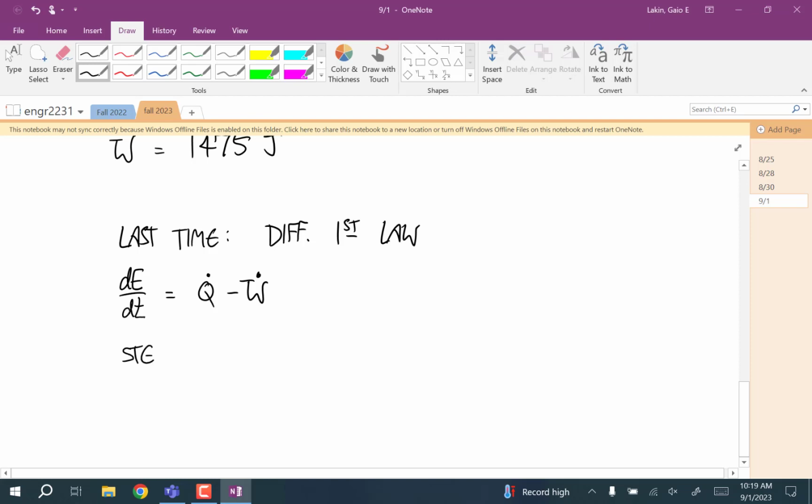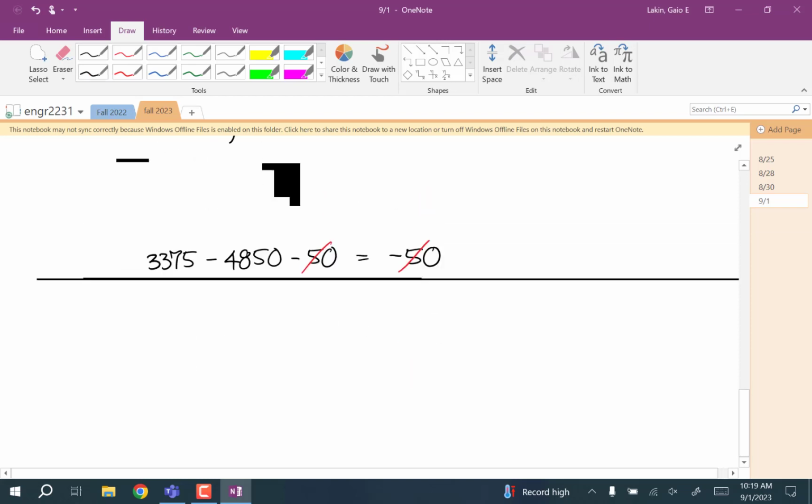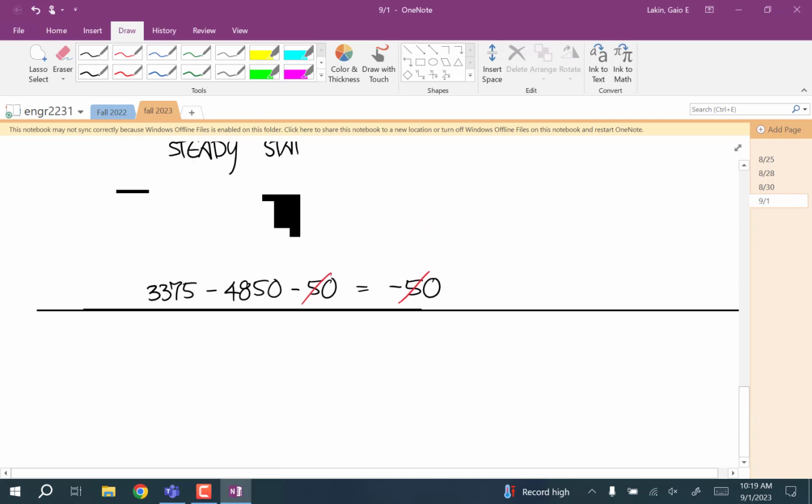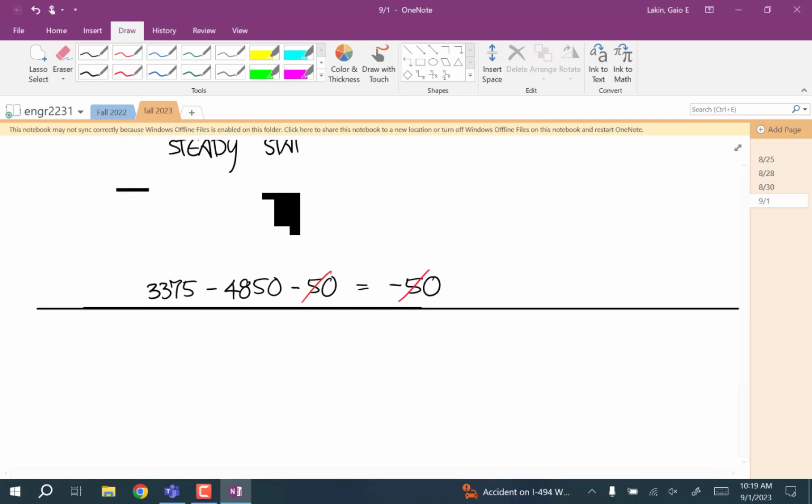And if you're in steady state, which a lot of problems say you are, then dE/dt is 0.